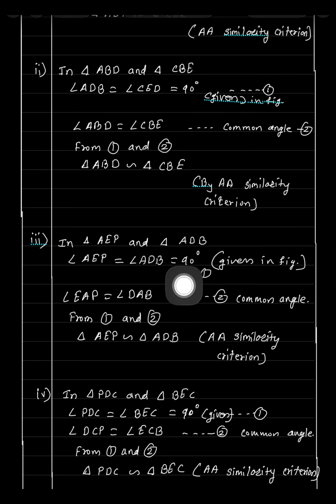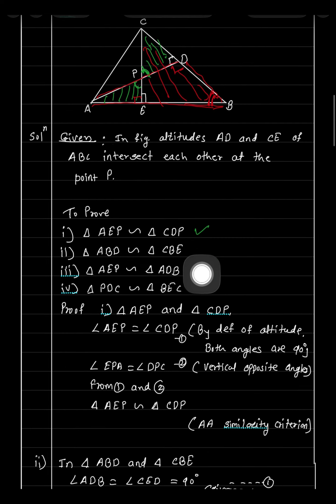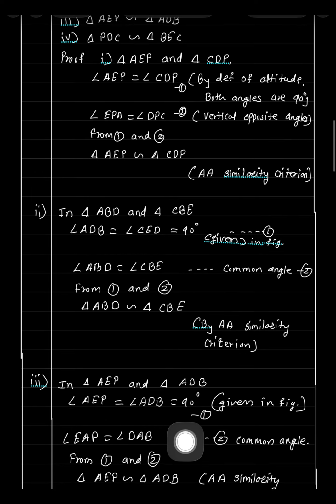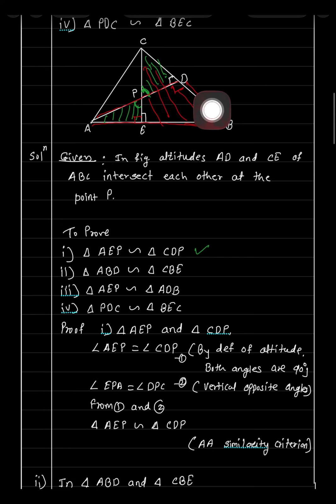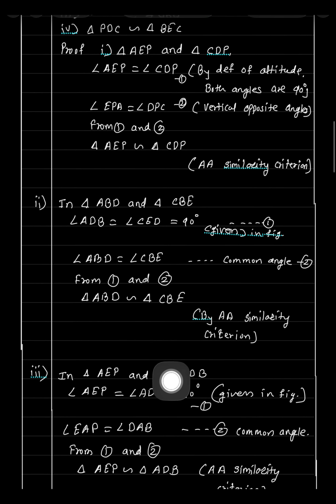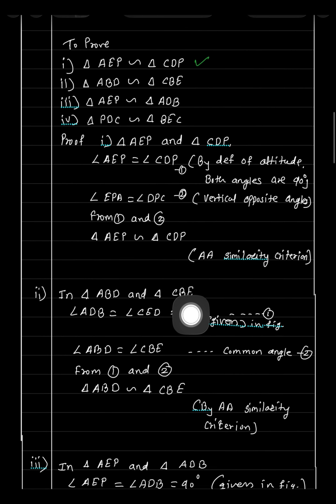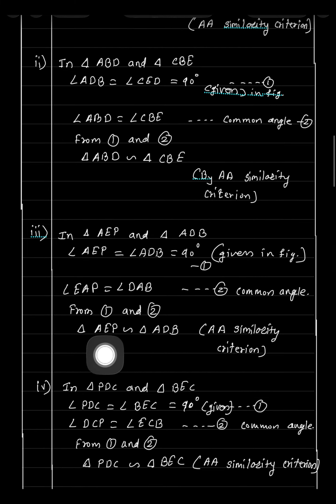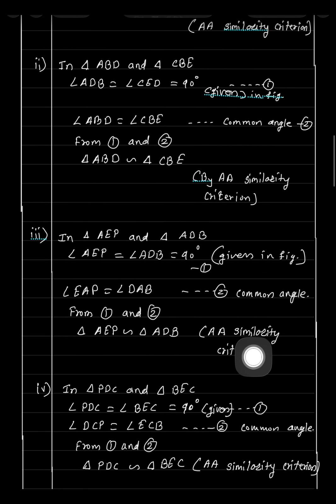AEP and ADB are 90 degrees. Then the common angle, EAP and DAB, are equal. If you see the names of these triangles, their common angle is coming, and here altitudes are there, so it is 90 degrees. So from these two conditions, by AA similarity criteria, the given triangles are similar.